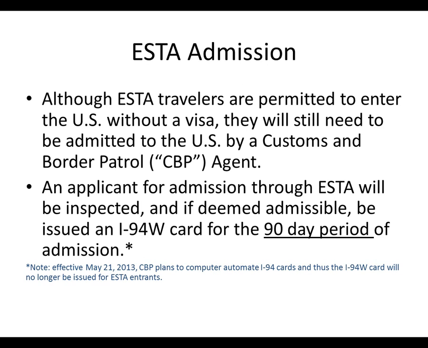All right. And ESTA admission. So just to briefly make this explicit, I think we covered this in the previous slide, but those traveling under ESTA will still need to be inspected by a Customs and Border Patrol agent, and so this is where the issue of non-immigrant intent may arise, and this is where you want to be careful about what you're saying and the purpose of your travel to a Customs and Border Patrol agent, because they are allowed to infer immigrant intent based on what you say, even though you may not explicitly say, I'm coming to remain in the United States.